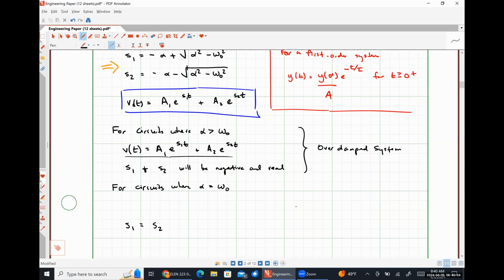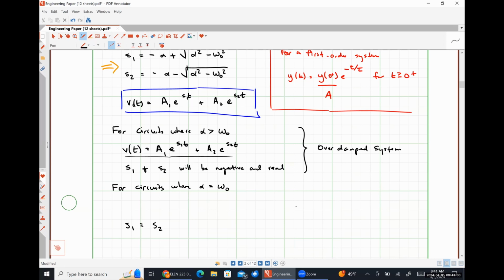What's that going to do to our expression that I've outlined here in blue? If I had A1 e to the negative alpha t plus A2 e to the negative alpha t, I could just add those together. Well, that's a little bit problematic because that's just effectively giving me one initial condition to deal with, the combination of A1 and A2.